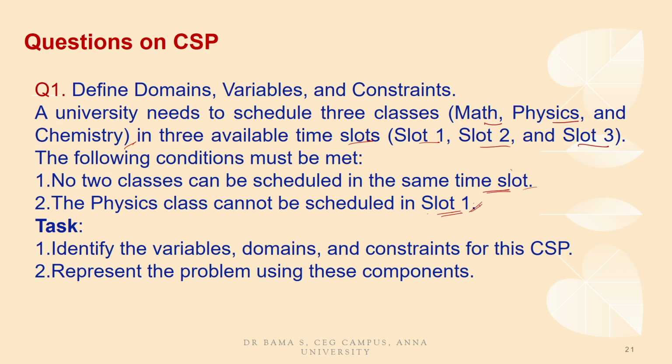For these tasks, the first problem is simple: identify variables, domains and constraints for this constraint satisfaction problem. The second task would be to represent the problem using these 3 components. So, this is the first question. The second question is to solve using a CSP, again using AC3.